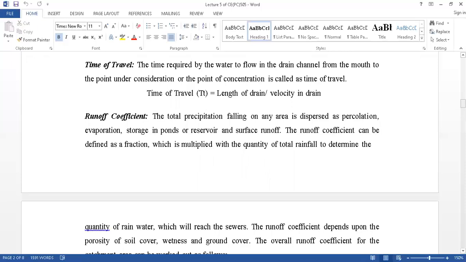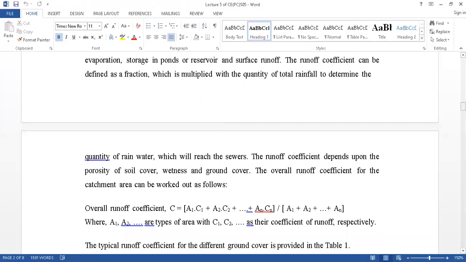Now the runoff coefficient depends upon the porosity of the soil cover, wetness and ground cover. The overall runoff coefficient for the catchment area can be worked out as follows.